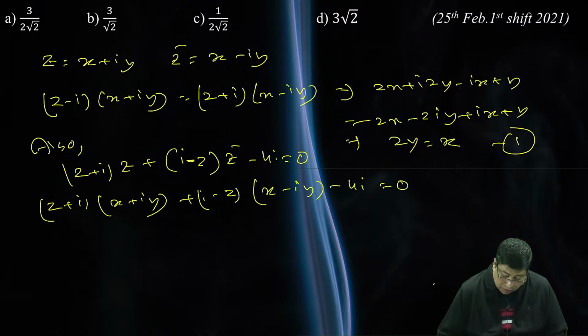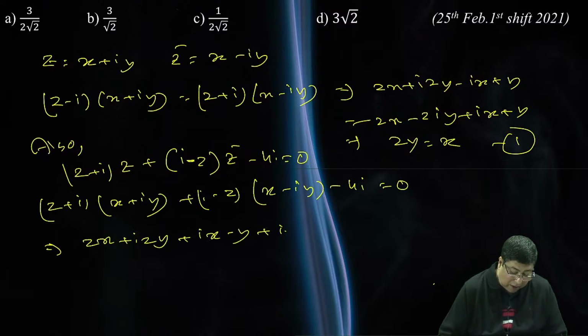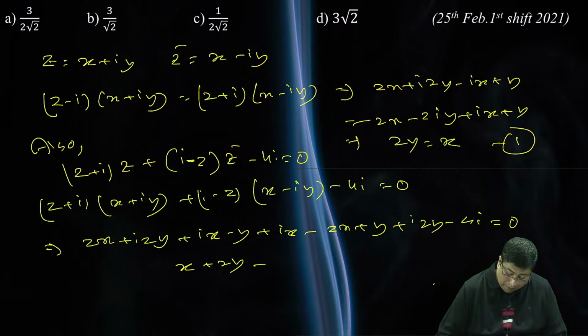If we multiply, we are getting 2x plus 2iy plus ix minus y plus ix minus 2x plus y plus 2iy minus 4i equal to 0. So the ix terms cancel, and x plus 2y minus 2 equal to 0. This is number 2.